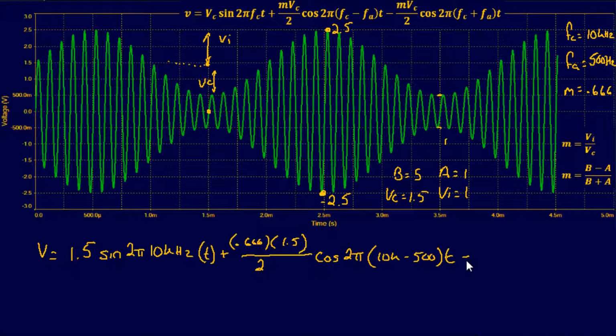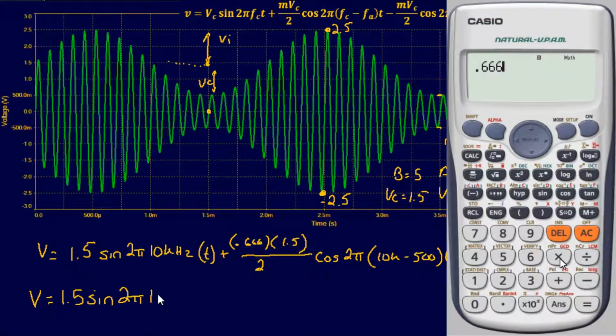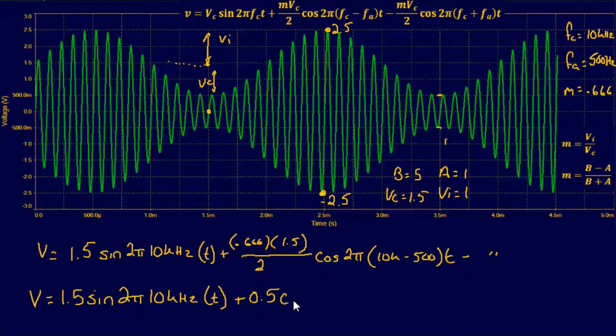And of course the other one's going to be the exact same thing, which I'm not going to write quite yet. I'm going to go down and rewrite the equation again, by solving this one equation right here, which is pretty simple. So we have voltage equals 1.5 sine 2 pi 10 kilohertz time, plus, and I plug and chug that in my calculator, 0.5 cosine 2 pi.